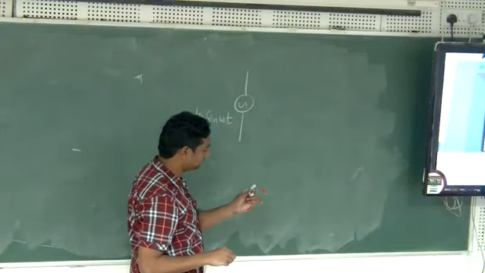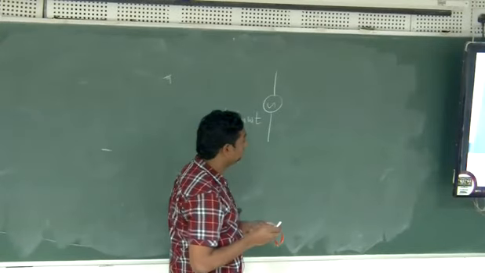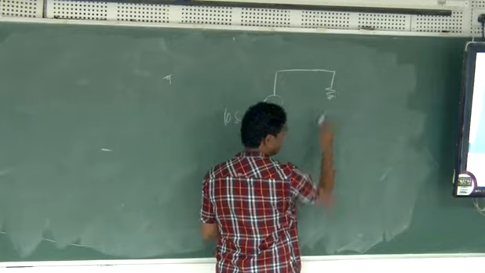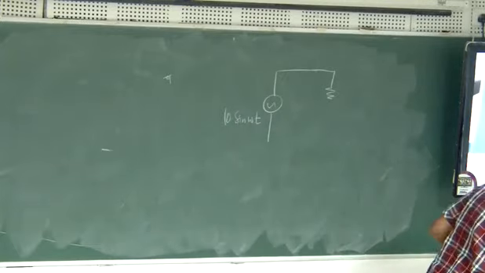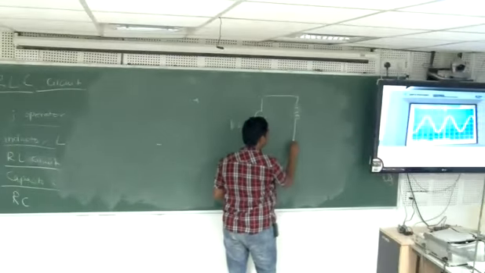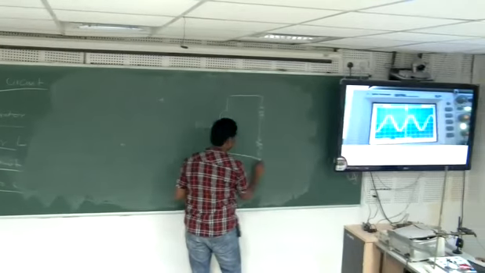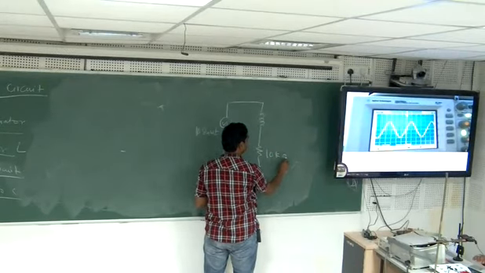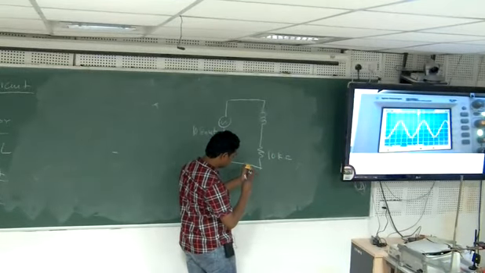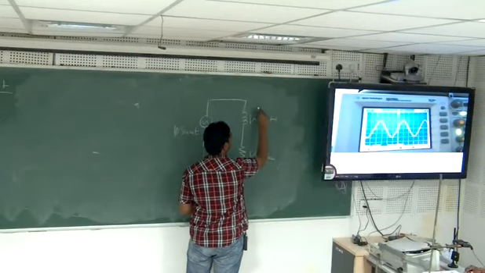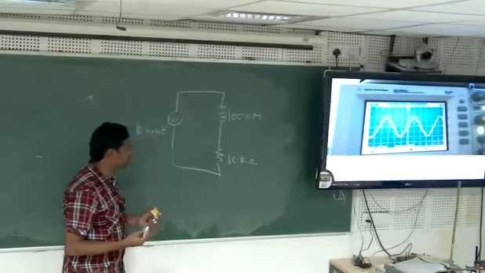Okay, so that's the voltage I have. Then I have, so I'll put the resistance. So this is 10 kilo ohms, okay, and this is 100 millihenries. Okay, so this is my circuit.